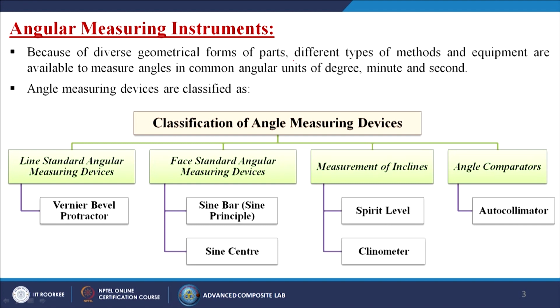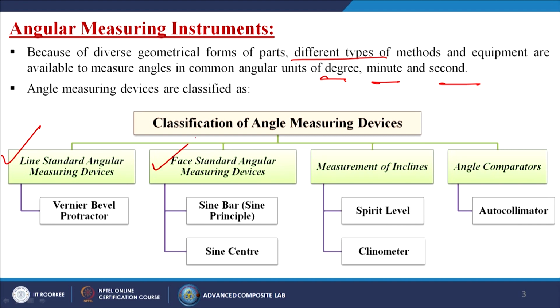Different types of methods and equipment are available to measure angles in common angular units like degree, minute and second. Angle measuring devices are classified into 4 different types. First, line standard angular measuring devices, generally the vernier bevel protractor.